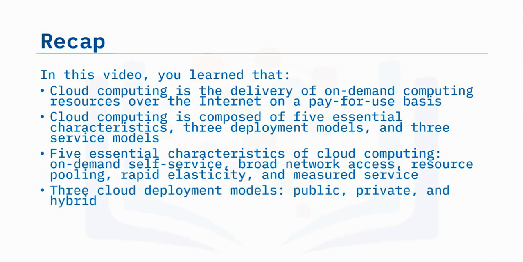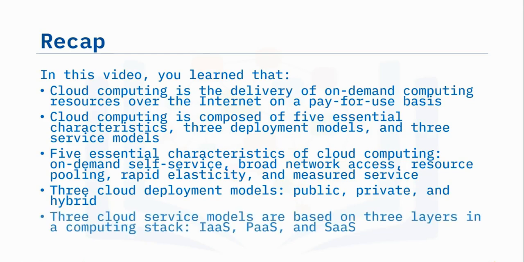There are 3 types of cloud deployment models: public, private, and hybrid. And the 3 cloud service models are based on the 3 layers in a computing stack: infrastructure, platform, and application, and they are referred to as infrastructure as a service, or IaaS, platform as a service, or PaaS, and software as a service, or SaaS.